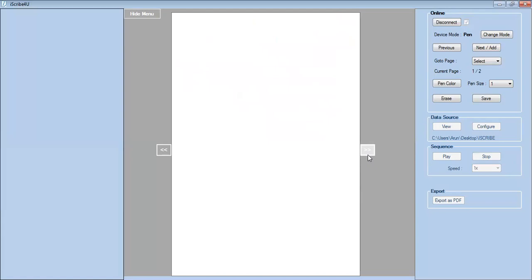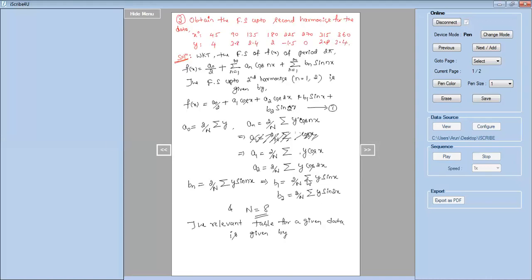I'll go to the next page. First, your data table should contain the given values, that is x and y. So I'll write x here, y here. Then if you look at the formulas, you have y cos x, y cos 2x, y sin x, y sin 2x. So we prepare a table consisting of these quantities.